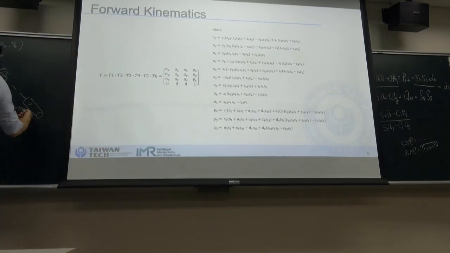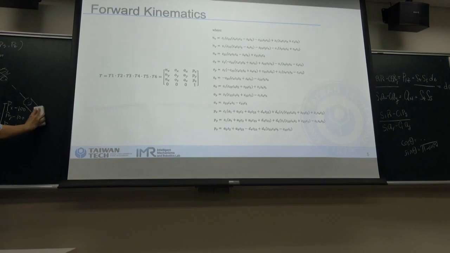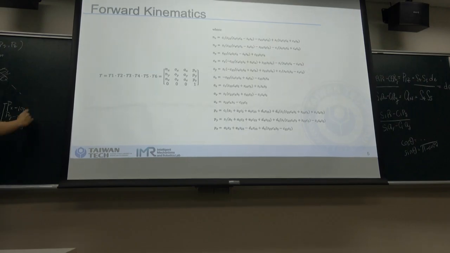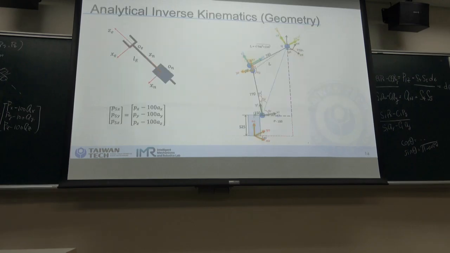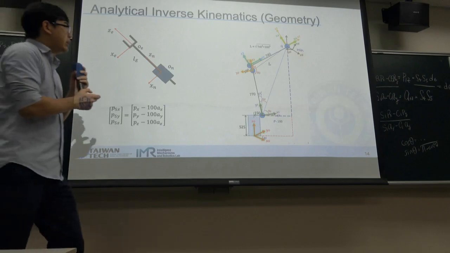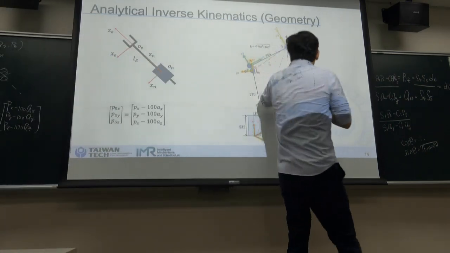So it's minus 100 times ax, ay, and az. Through this, you can get your P5 position. Is it okay? And now we get our P5 position, it's over here.